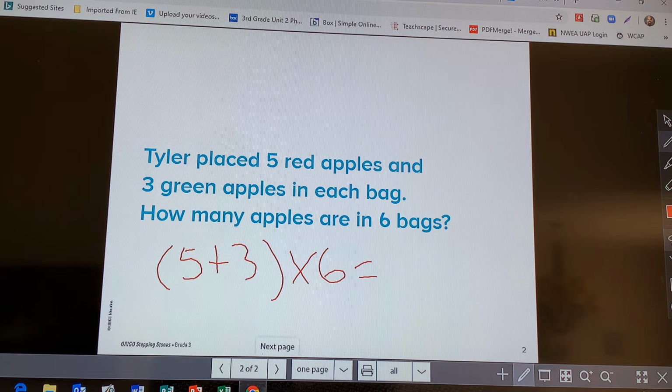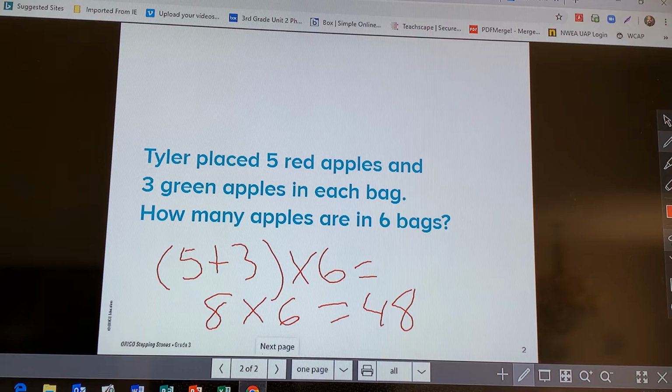And there's a total of 6 bags. So first thing we need to know is how many apples are in each bag. So there's 8 apples in each bag when you add up the red ones and the green ones. Then if you multiply that by the number of bags, we end up with the grand total of 48. Now, that's how you would show it with an algebraic equation. Do you understand why the parenthesis is important in helping us to find out different parts of the equation?